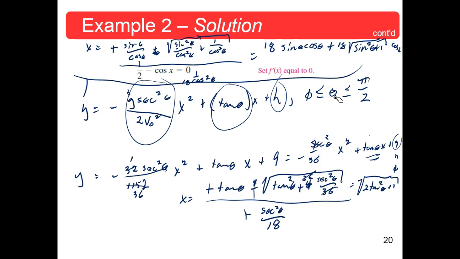Okay. Let's give what this answer is here, and I'll leave the rest for the student. That's what instructors usually do, isn't it? 18 cosine theta, that's in both of those, times sine theta plus the square root of sine squared theta plus 1.